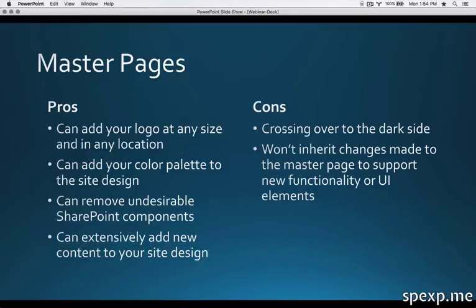It's going to be updates as in we've changed the UI for something, and that UI for that given page is not in the master page. It's going to be off in a different file somewhere else. Or maybe we've upgraded this functionality. Well, that's sitting in a JavaScript file somewhere. That's not in the master page. So if you decide to break off and do your own custom master page and not use the SharePoint Online one anymore, it's really okay, because not a whole lot of updates are going to happen.